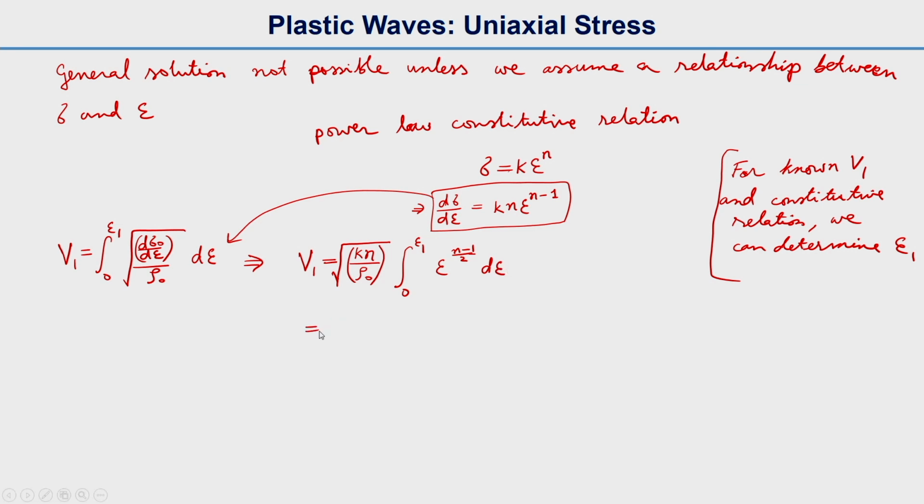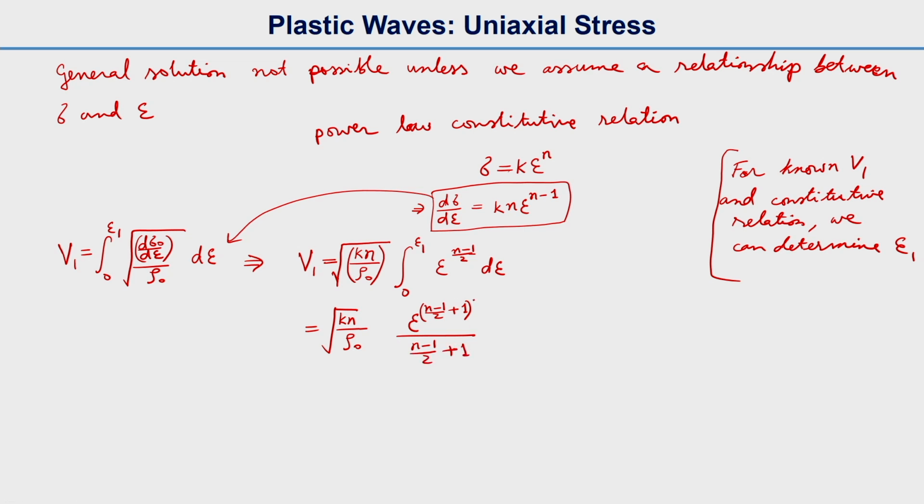This gives k n rho naught, times epsilon to the power n minus 1 divided by 2 plus 1, divided by n minus 1 divided by 2 plus 1.